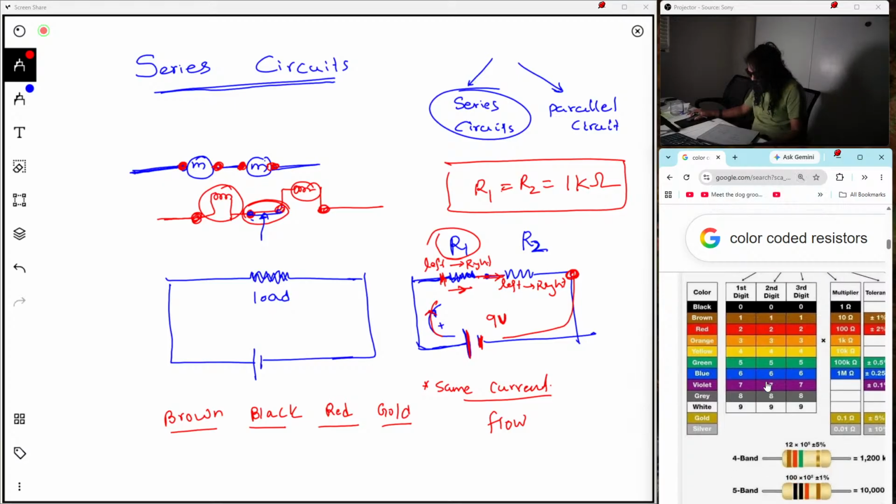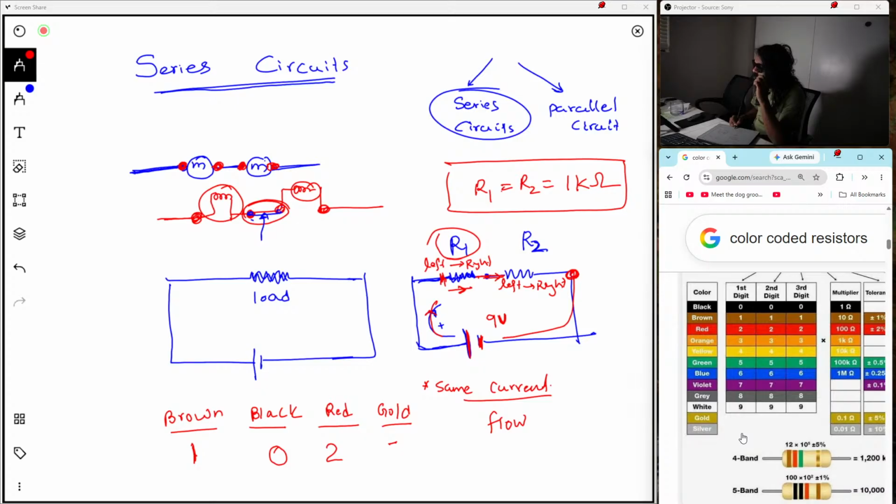So brown is having the value 1, so you put 1 here. Black is having a value of 0, red is having a value of 2, and for gold, the fourth band, usually gold or silver, it counts for a tolerance.